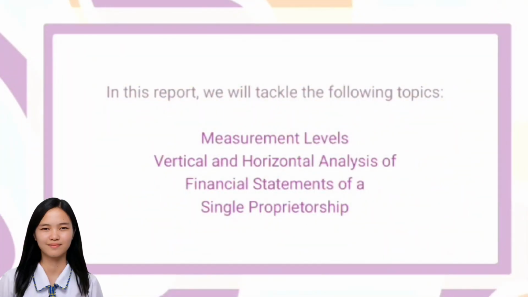If you're now familiar and able to recall with the important terminologies about financial statements, we will now tackle the following topics. First is the measurement levels, the liquidity, solvency, stability, efficiency, and profitability, and the vertical and horizontal analysis of financial statement of a single proprietorship.